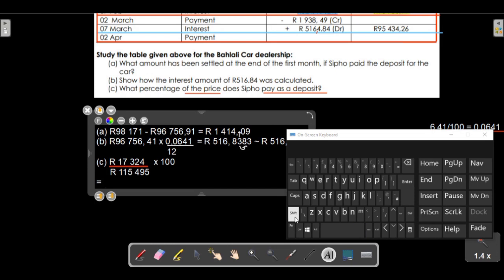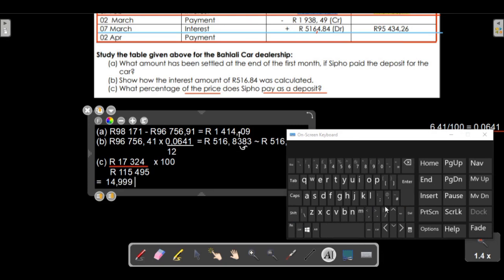So and then what do we get? Whatever we're going to get here will be our percentage. So 17,324 divided by 115,495, and then we multiply that answer by 100, and then we get 14.9999.